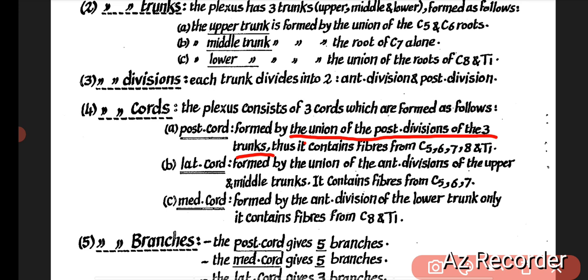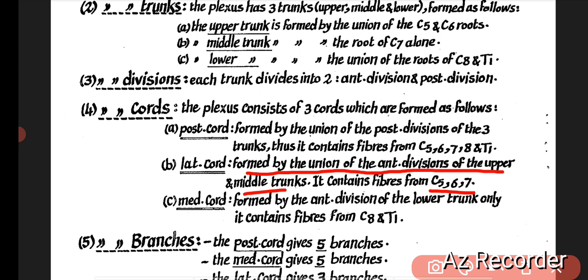Thus it consists of all the fibers from the C5 to T1 nerve roots. Now the lateral cord. The lateral cord is formed by the union of the anterior divisions of the upper and middle trunk only. So upper and middle trunk means the fibers contained are from C5, C6, and C7.